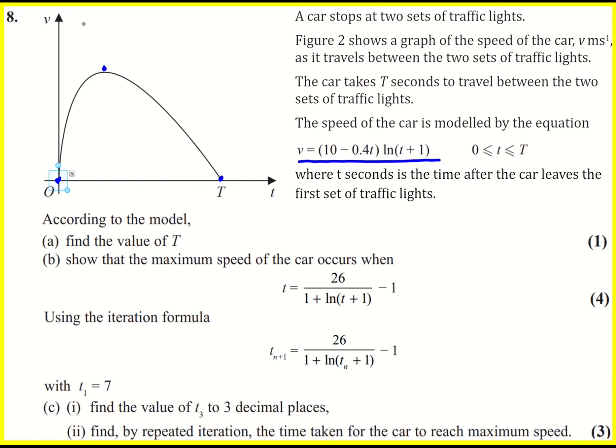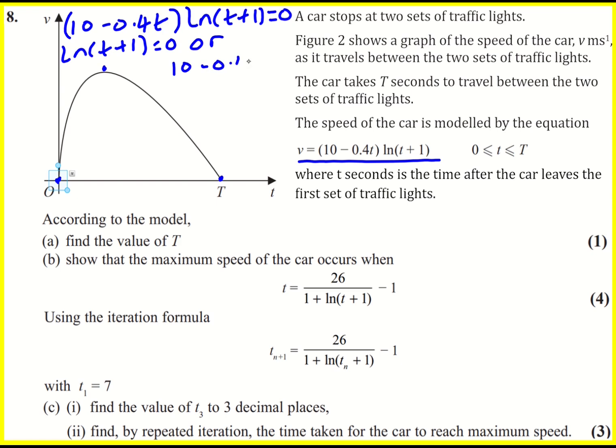So what I'm going to do is set the velocity equal to 0. That's going to be when it stopped. 10 minus 0.4t multiplied by ln(t+1) is equal to 0. These are multiplied together, so it's either that ln(t+1) is equal to 0, or 10 minus 0.4t is equal to 0.